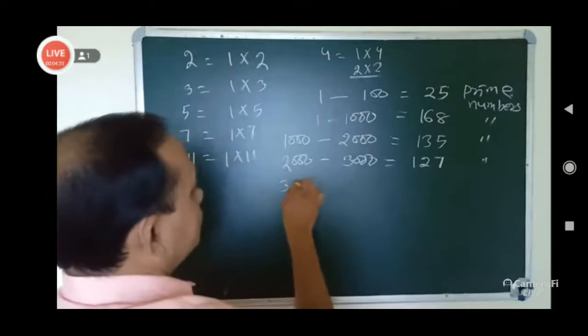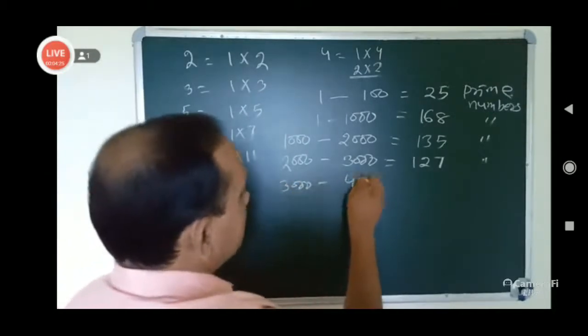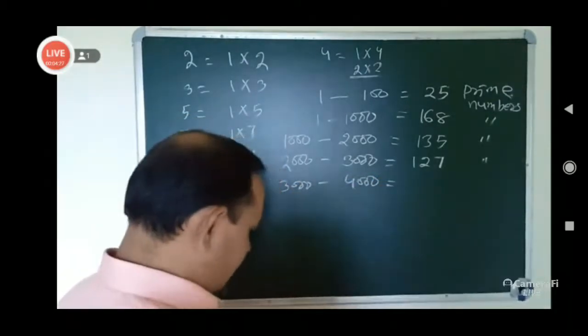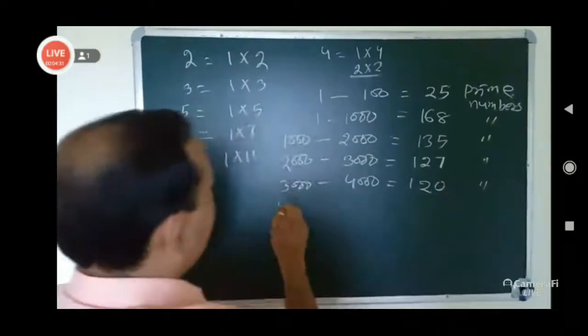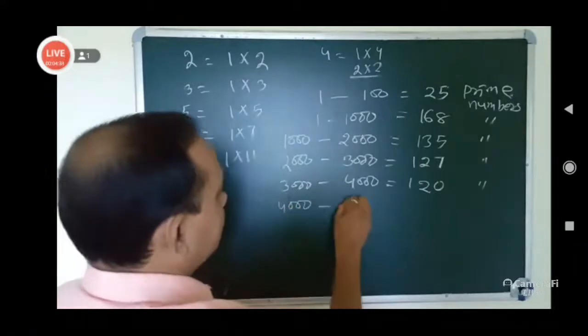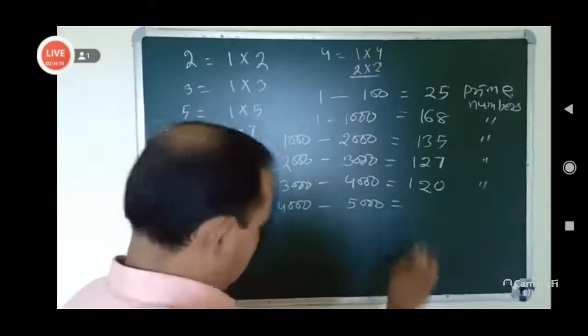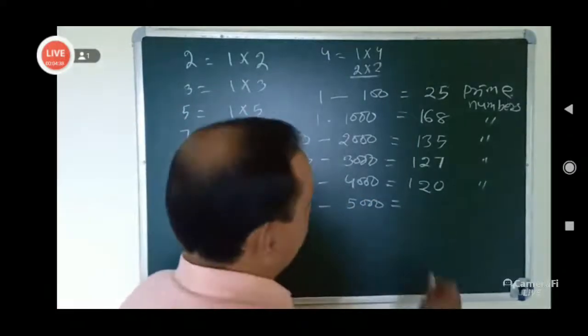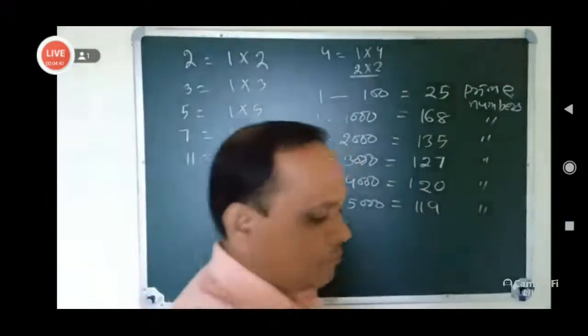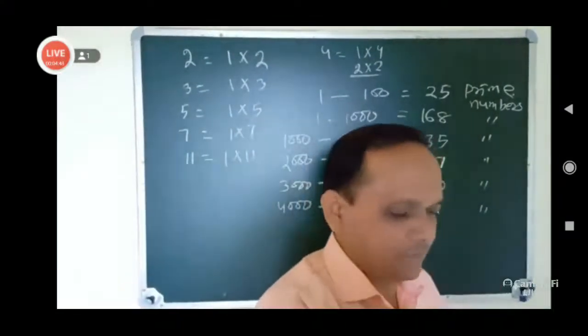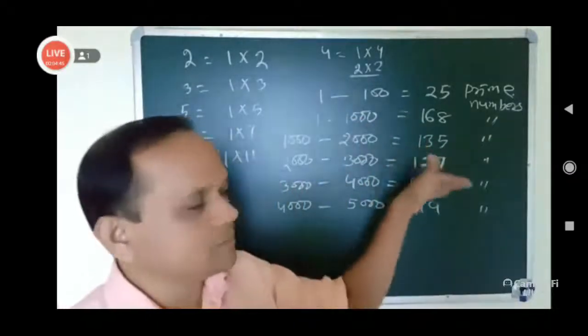Between 3000 and 4000, there are 120 prime numbers. Between 4000 and 5000, there are 119 prime numbers.